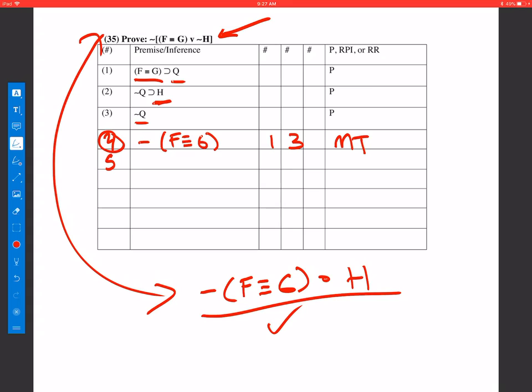Now I need the H. I can get an H from 2 if I have a not Q, and I do.